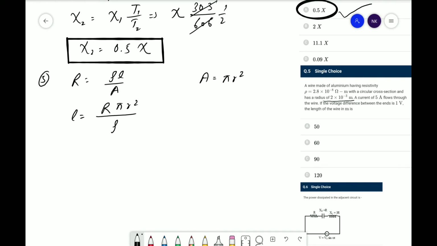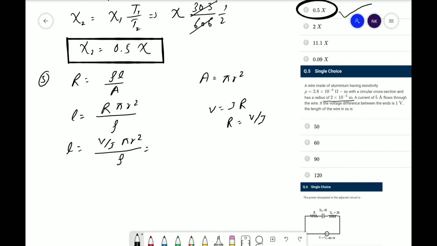Okay, now calculate L. So if you want to calculate the L, resistance is not given here. Then we know that V is equal to IR, R is equal to V upon I. Hence L is equal to V upon I, pi R square divided by rho.